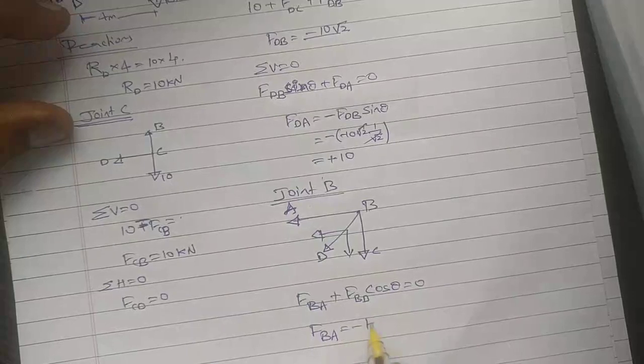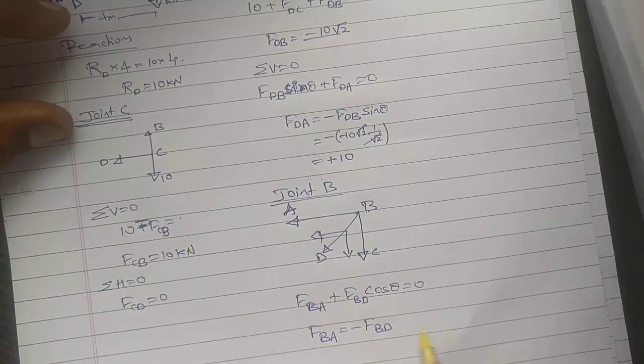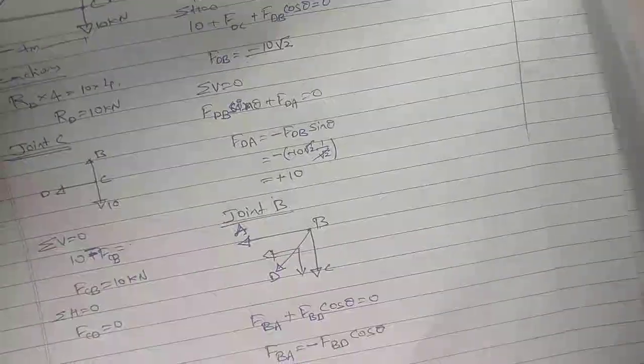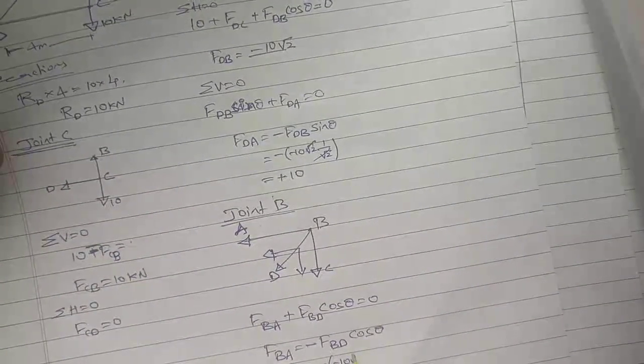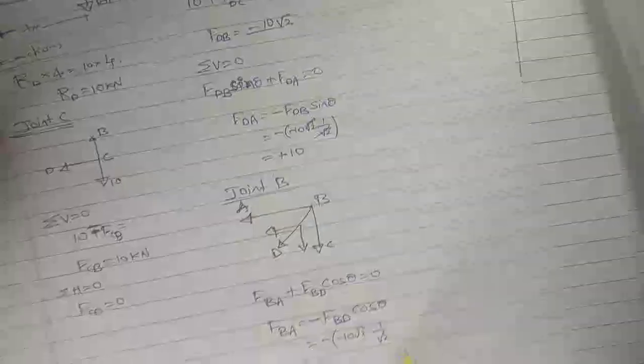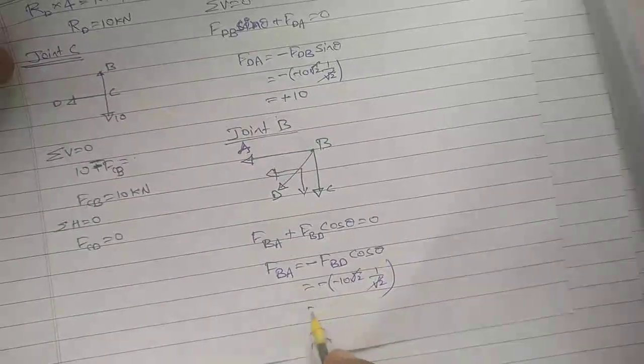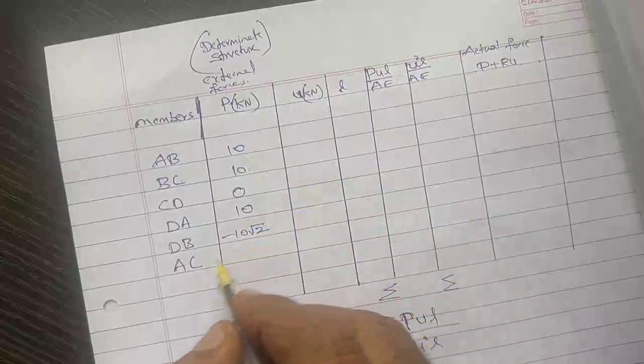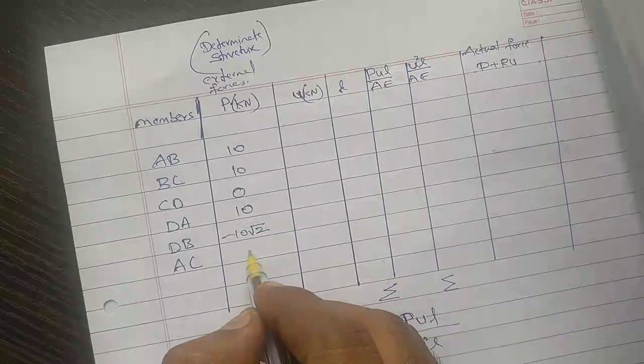FBA is equal to minus FBD cos theta, where FBD is minus 10 root 2, minus 10 root 2 times 1 by root 2. Again it is plus 10, BA. Here AC we don't have, remember it is 0.